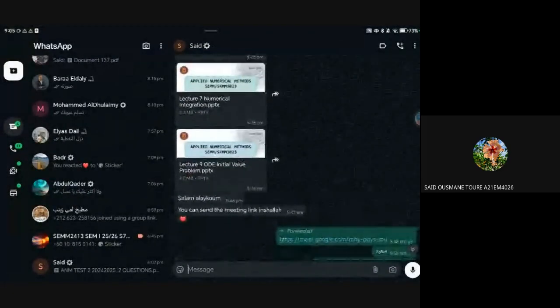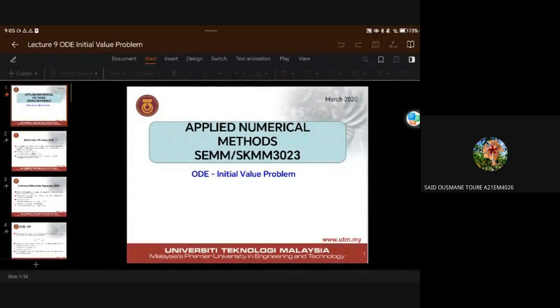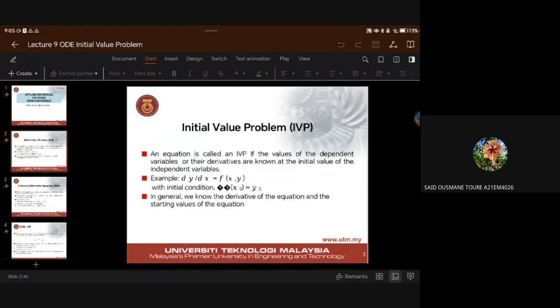So we go for the next lesson, which is IVP, second last. IVP, initial value problem. What does this insinuate? It insinuates that for a function f of x, we are only given the condition at the beginning, the initial value.